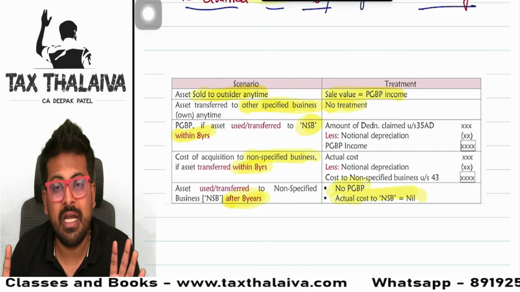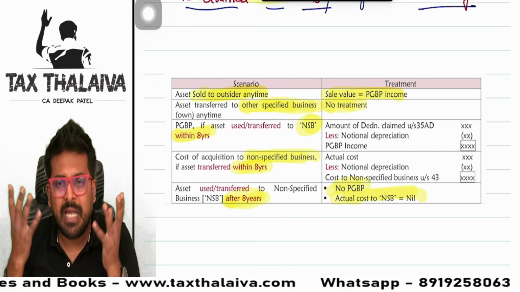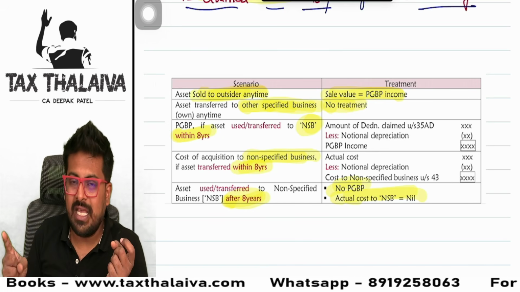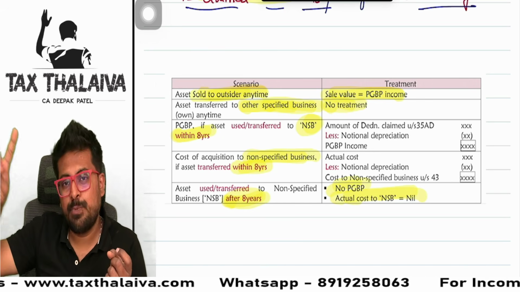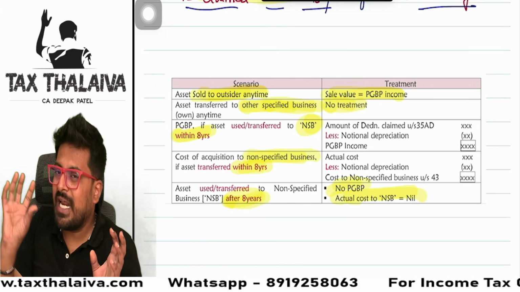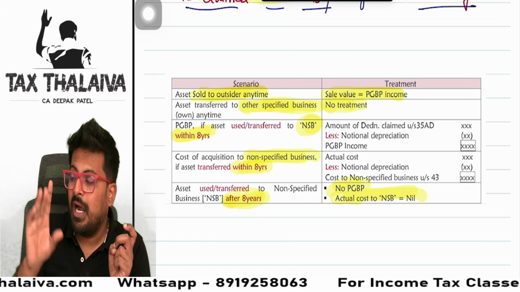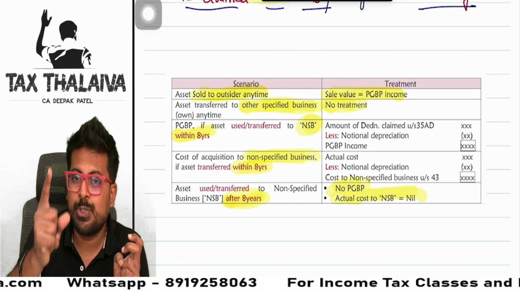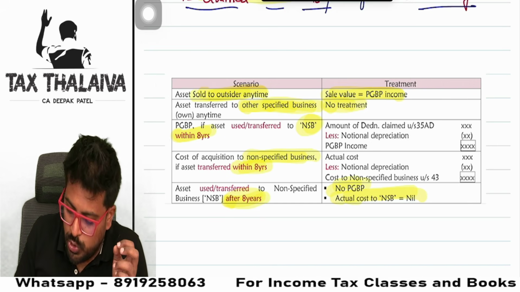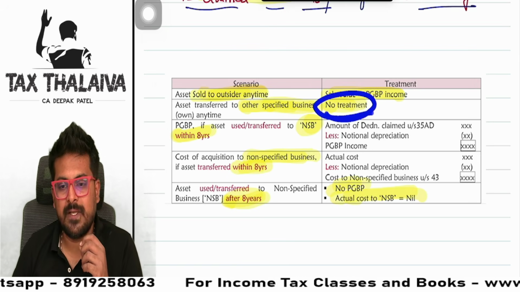Then there is no impact on your income tax, because ultimately you are using it within 8 years for a specified business only. Maybe you transfer to another specified business, but ultimately the asset is being used for a specified business only. So there is no treatment in that case.